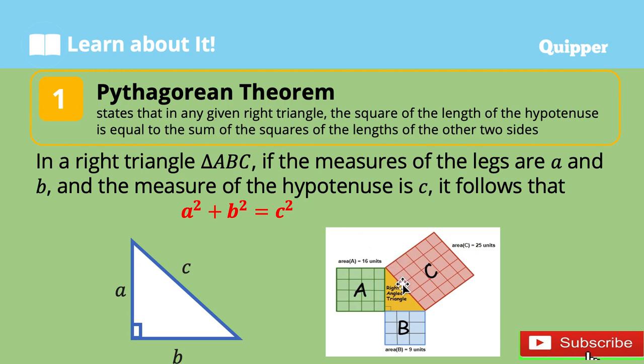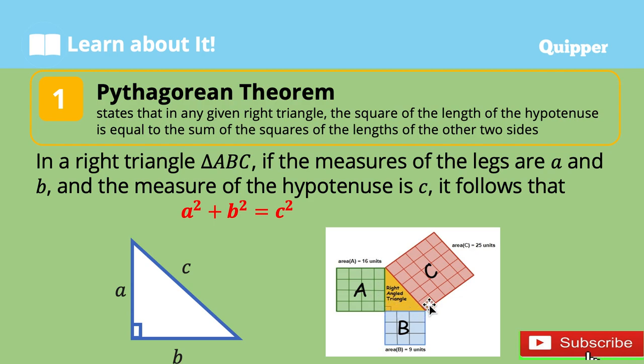So based on the picture here, if you are going to take the square of A and the square of B, then add them, the result is equal to the square of C. So this is the right triangle here, and this side measures 4 units, and the square of 4 is 16.